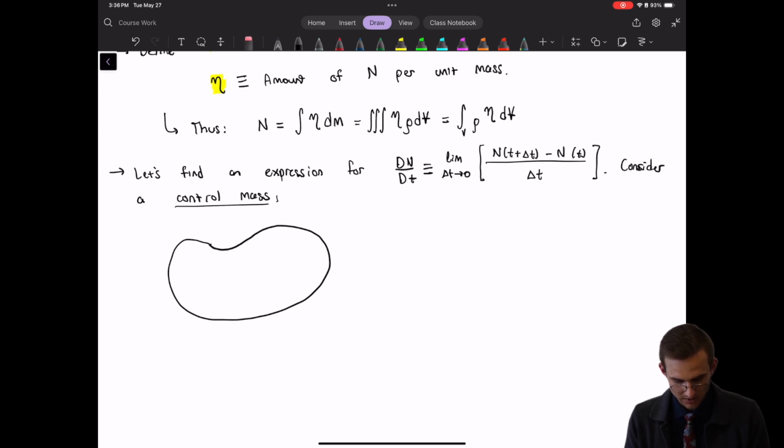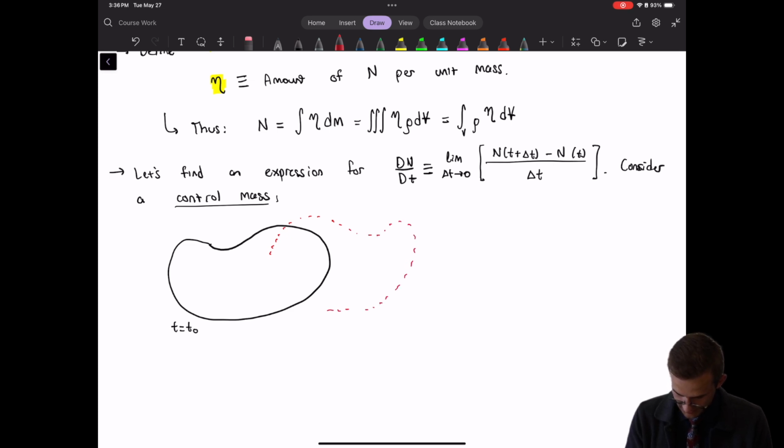The hard line is where the control mass is, and that's the control mass at t equals t naught. Okay. And then we'll say that sometime later, the control mass has moved and perhaps even deformed to this location denoted by the dashed red line. Okay. And this is at t equals t naught plus delta t.